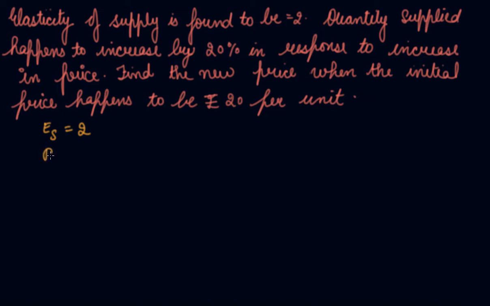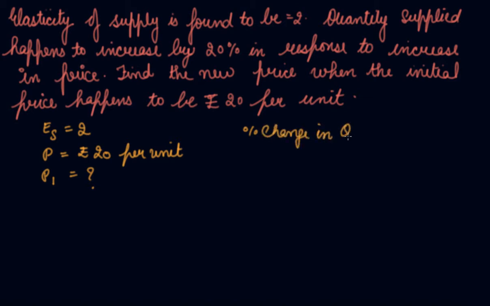Your initial price is rupees 20 per unit. We have to find out P1, right? They have given the percentage change in quantity supplied is 20%.